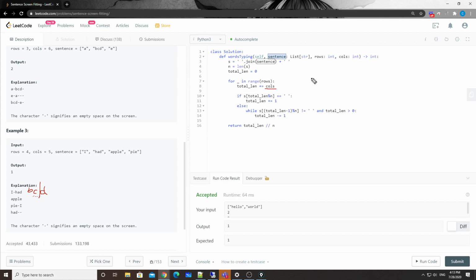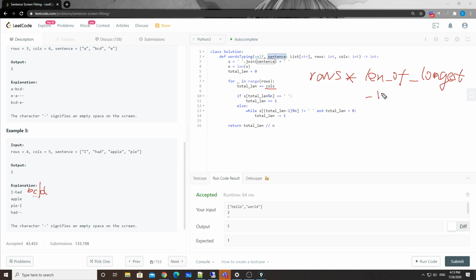So the time complexity is the rows times the length of the longest word. And if there's no super long word, we can just consider this to be O of 1. So in total, it's still O of rows, right? Yeah, I think.